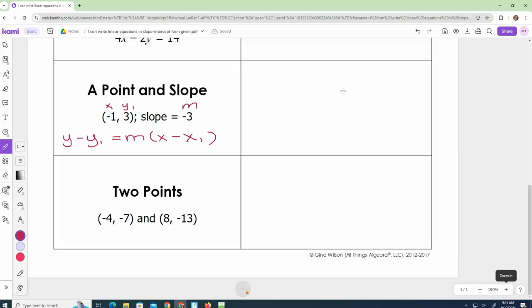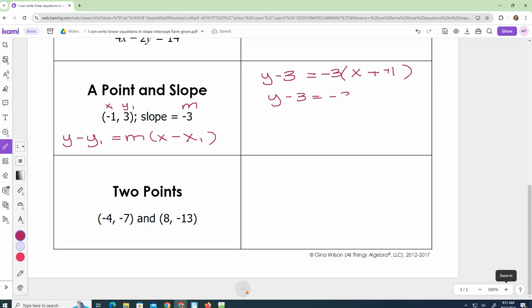So if we plug into our formula, y minus my y1, which is 3, equals my m, -3, times x minus x1, so minus -1. Minus negative is positive.